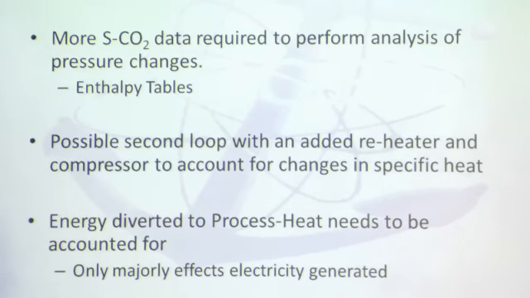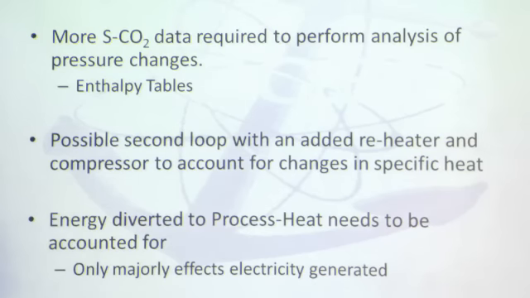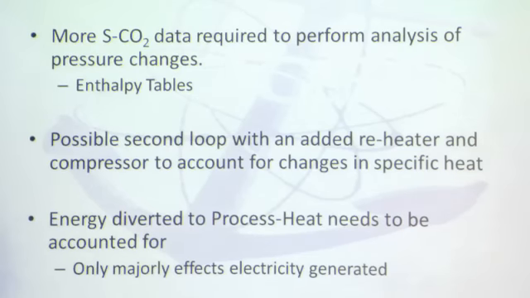However, other designs we've seen have used 2, so we need to look further into what advantages that can offer us. And finally, the process heat group will need to use some of our energy, so we need to factor that in and rerun the calculations accounting for everything they're going to need off of our secondary system.